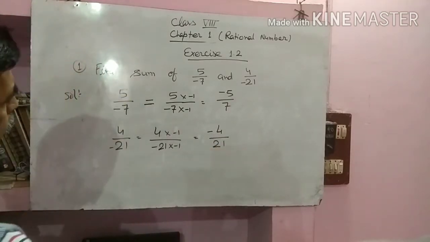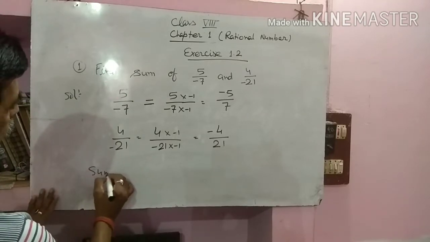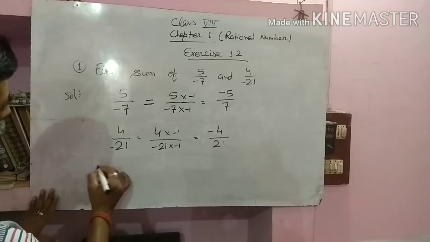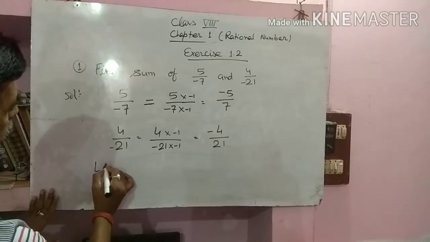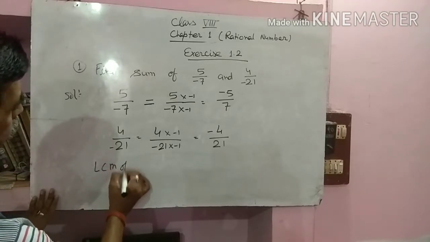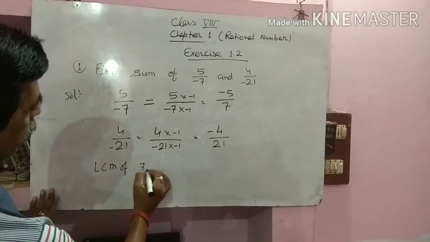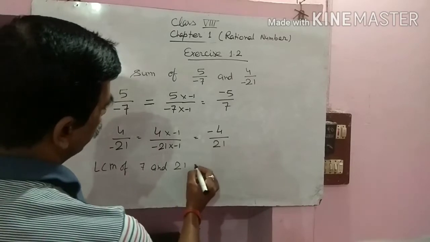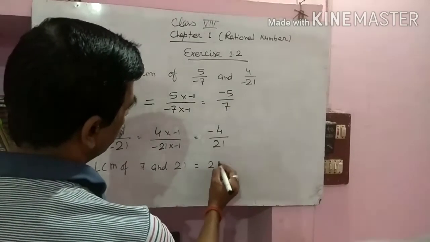Now we have to find the sum. Before writing that, we have to get the LCM of 7 and 21, which is 21.